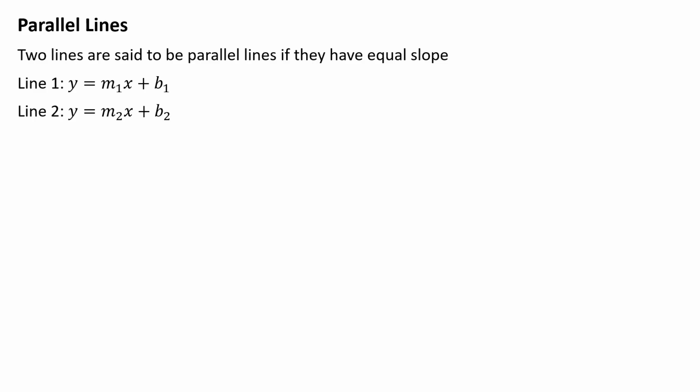For the representation of parallel lines, we have line 1, wherein the equation is y equals m sub 1 x plus b sub 1, while on the other hand, we have line 2, or equation 2, as y equals m sub 2 x plus b sub 2. And these two lines are said to be parallel when their corresponding slopes are equal, represented by m sub 1 is equal to m sub 2.